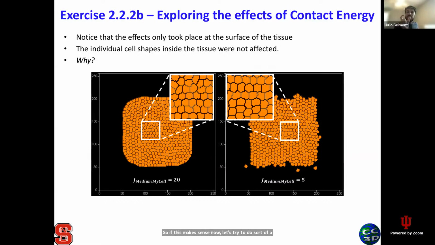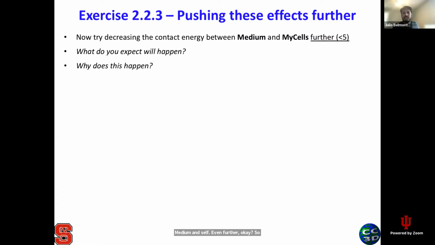Let's try to decrease the energy between medium and cells even further, okay? Let's now make it less than 5. If I make it even less than 5, what do you expect to happen?